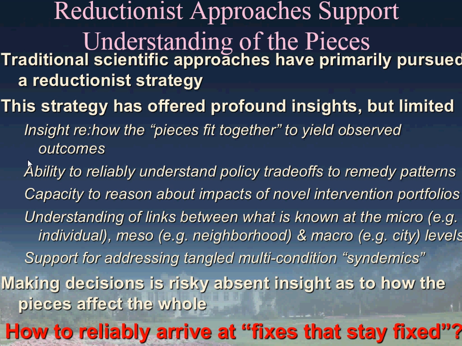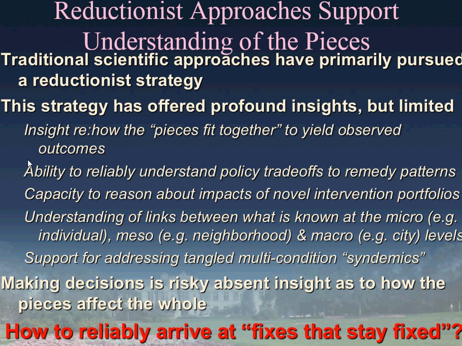Limited capacity to reason about impacts of novel interventions which have never been seen before, and where we need to go beyond what we see in a randomized controlled trial, where we're often controlling for the very factors that are going to be most important in shaping the success of the intervention in the real population.